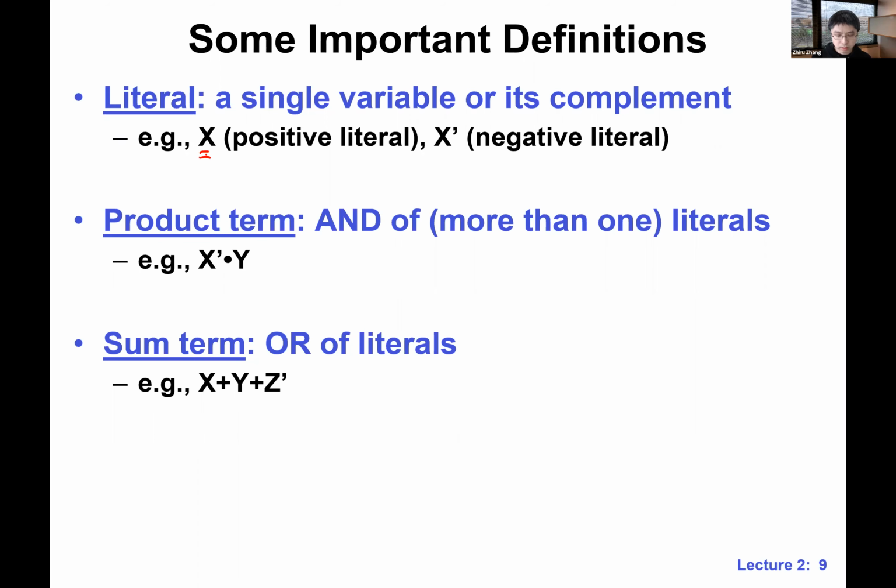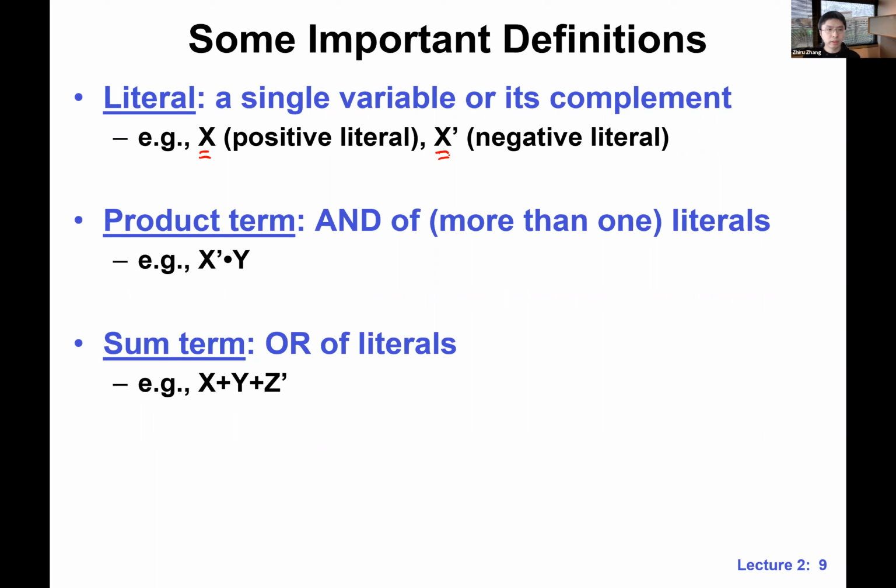In its original form, we call it a positive literal. Or we may negate or invert it, giving x prime, which is a negative literal. So for any variable, we have either a positive literal or a negative literal, basically its original form or its complement. So that's a literal.